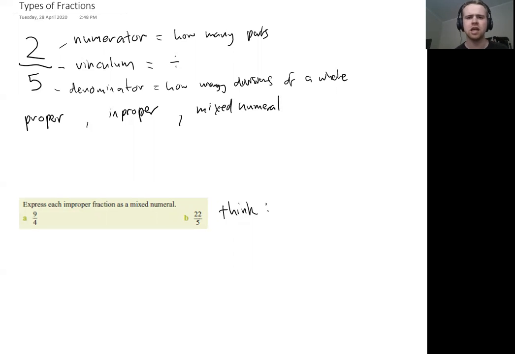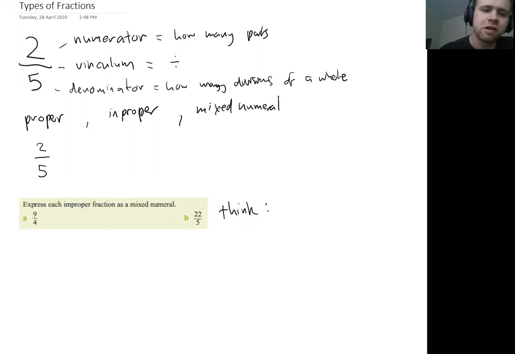Now, fractions can take different forms. A proper fraction is when the numerator, or the top number, is smaller than the bottom number, or the denominator. So 2/5 is an example of a proper fraction, where the top number is smaller than the bottom.